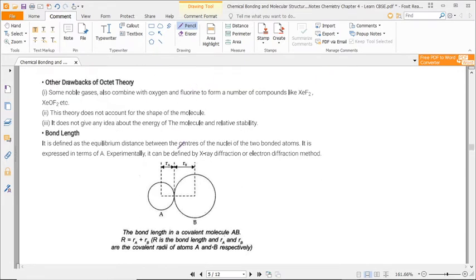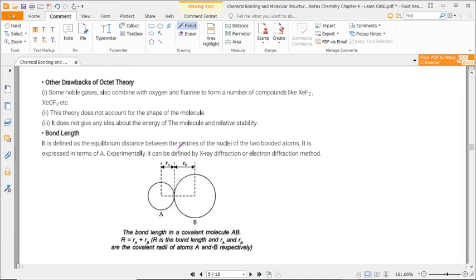Now what are the drawbacks of this octet theory? As per the octet theory, noble gases do not react, is it not? If there is a deviation in their octet structure, they tend to lose or gain electrons, become an octet structure and form a chemical bond, and that is the main driving force for chemical bond formation.